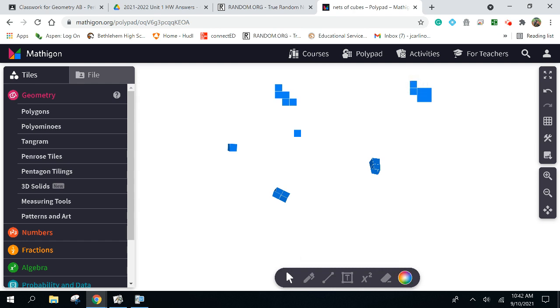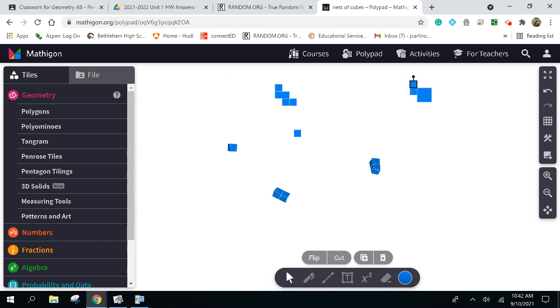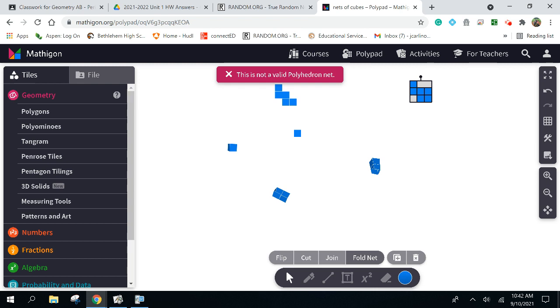So I don't think that one is going to cut it there. You could fold these up here, right? And then the problem is these 2 squares here, I can't fold over anywhere. Okay? You got another one for me?